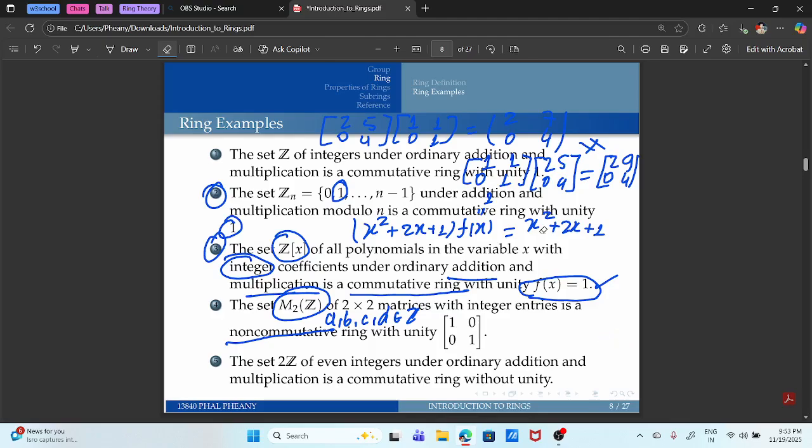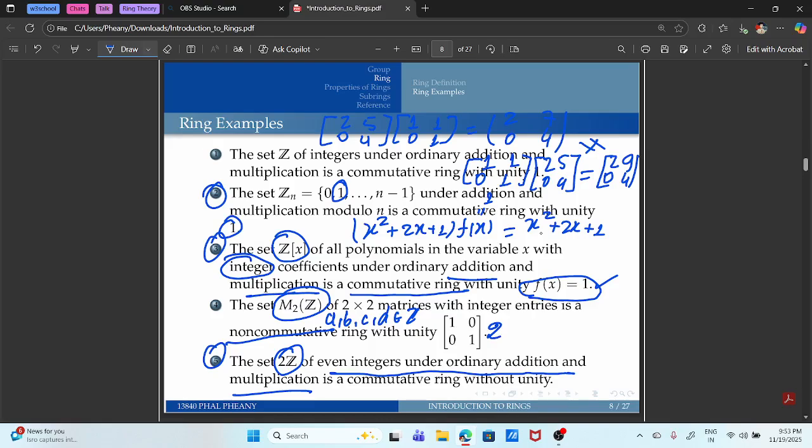Now we move to the next example. Example number 5. 2Z means even integers under the operation addition and multiplication. It is commutative. The elements of 2Z are like 0, 2, 4, 6, and so on.